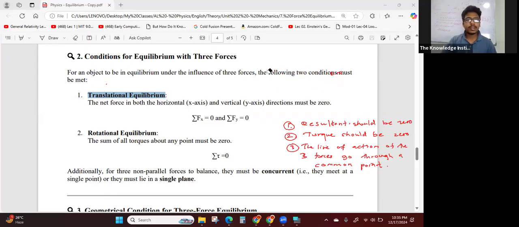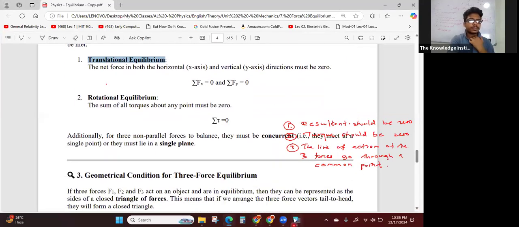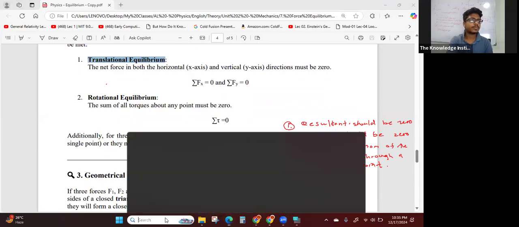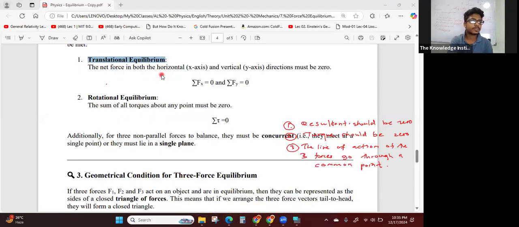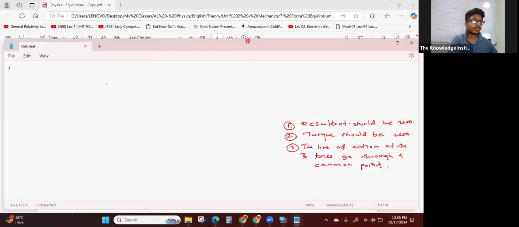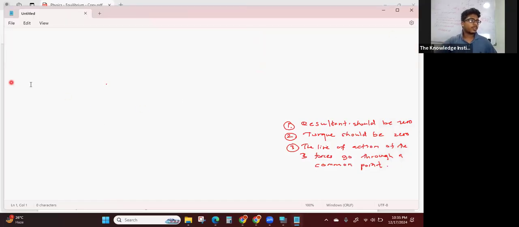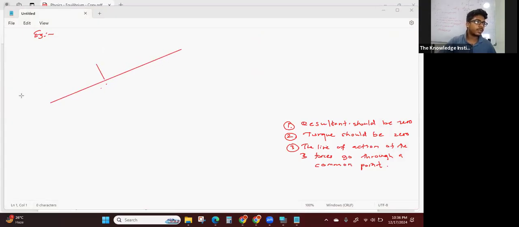I'll explain with an example. Let's say an inclined plane and an object is placed on it.